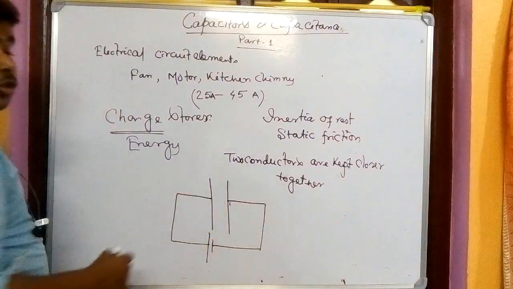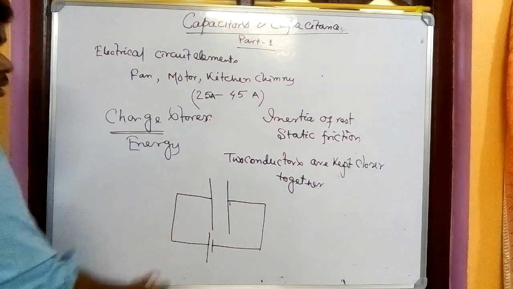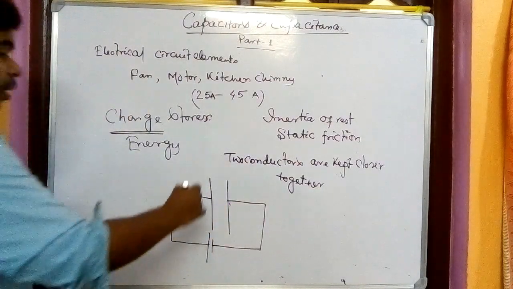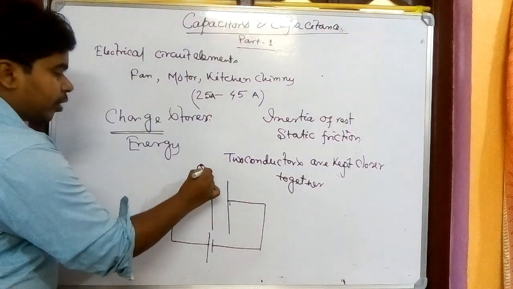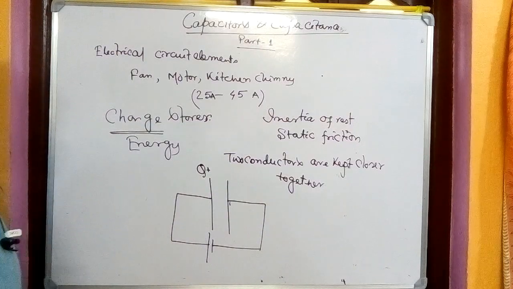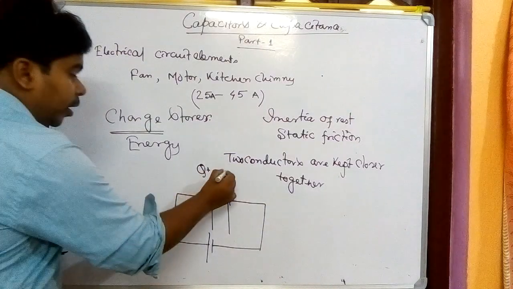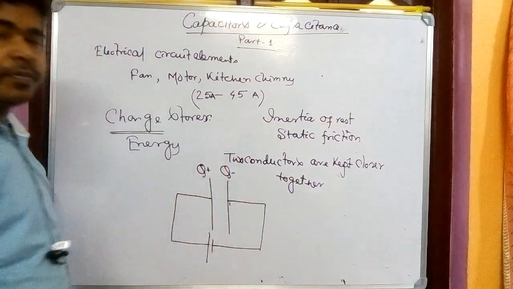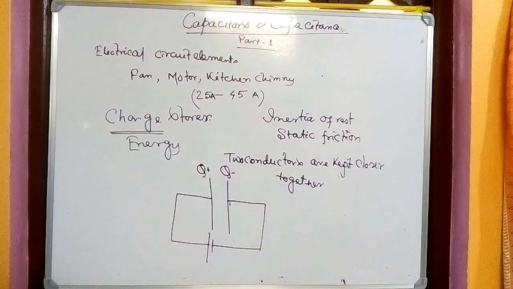See, there is no connection between them. The conductor connected with the positive terminal will store positive charges. Similarly, where the negative terminal is connected, the same amount of negative charges will store. You may ask, sir, why should it be the same, why is it not different?